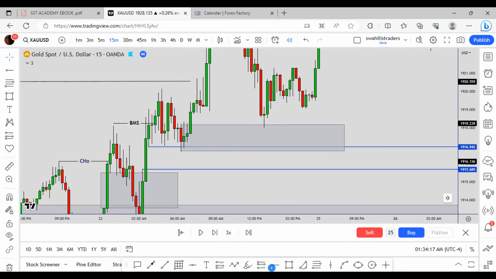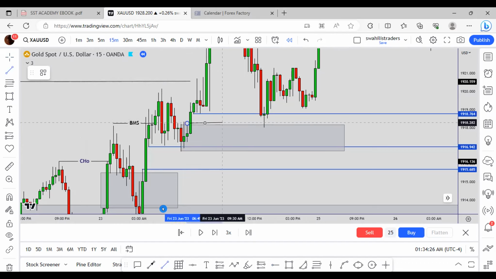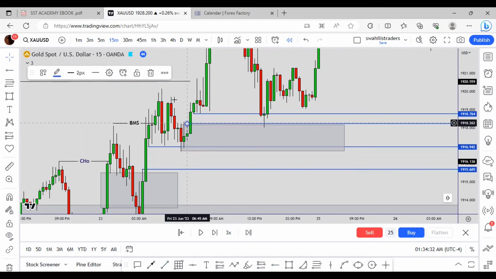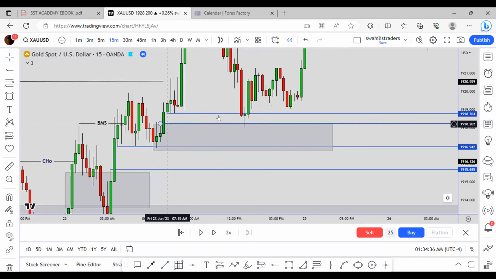If you look at this area where we had this order block, we had this fair value gap here. You see that fair value gap? If someone executes a trade on this fair value gap, they may lose money here, because you see price went and expected an order block here.